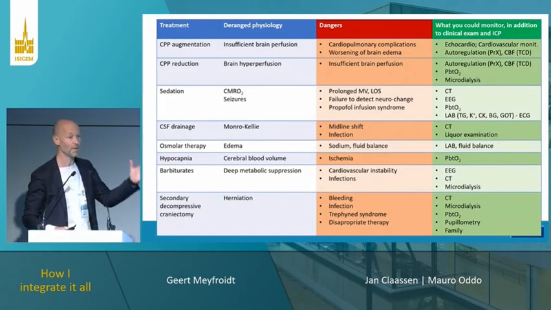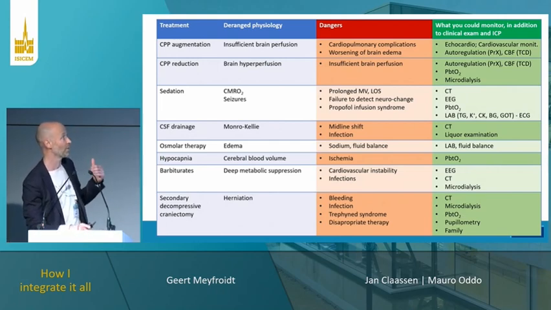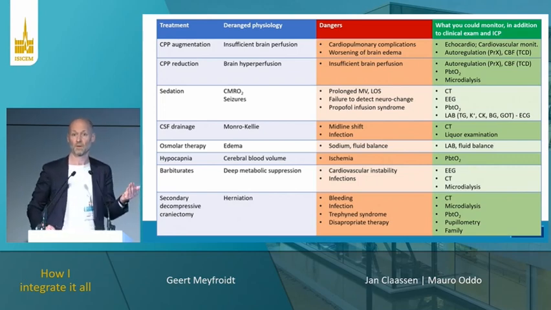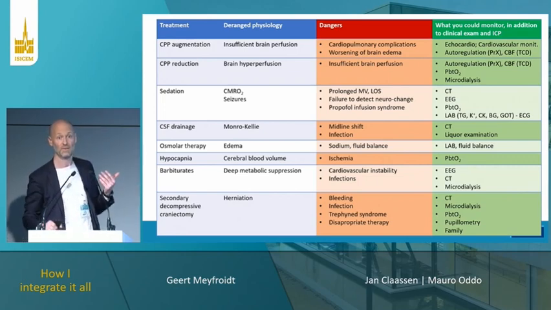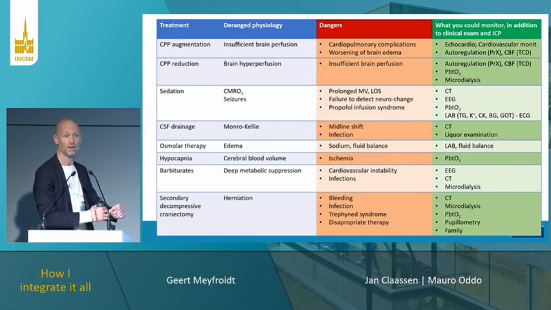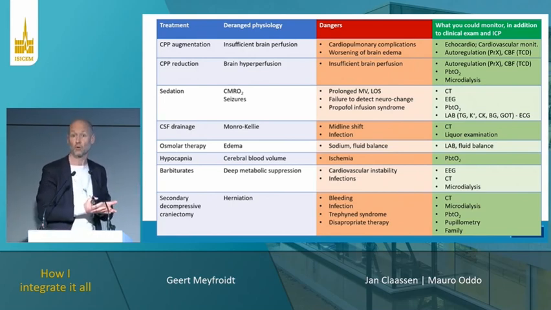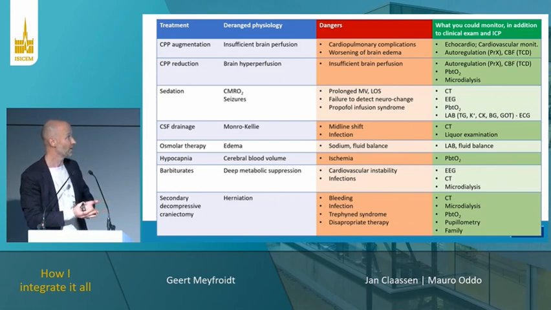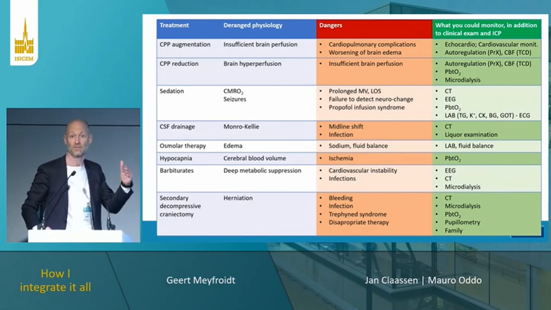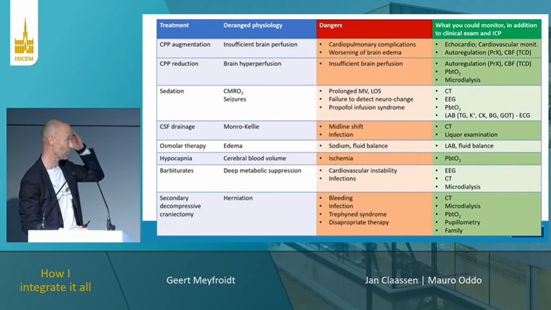And if we think of monitoring, people always think of putting probes in the brain, but it's not only putting probes in the brain. For instance, monitoring the cardiac function if you do hemodynamic augmentation, knowing that a lot of our patients have either temporary or known cardiac dysfunction, and echocardiography or hemodynamic monitoring could also be part of your package. Assessing autoregulation, maybe if you monitor sedation, especially deep sedation, monitoring the depth of sedation in these patients is quite important.